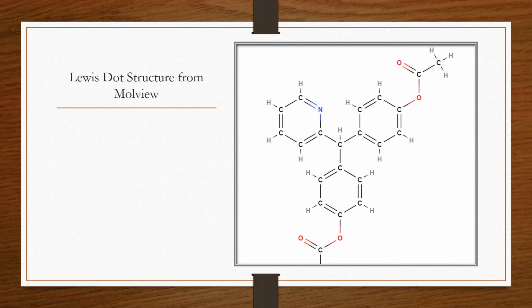Here is another Lewis dot structure that I made in MolView. MolView was a site that we used for one of our labs this semester. It's much more clear to see the different bonds between oxygen, carbon, carbon, hydrogen, and carbon nitrogen.